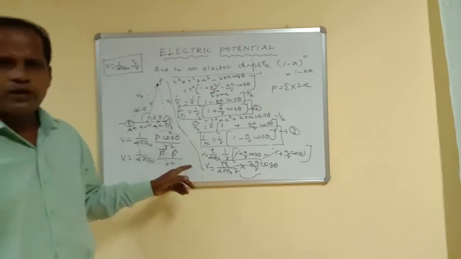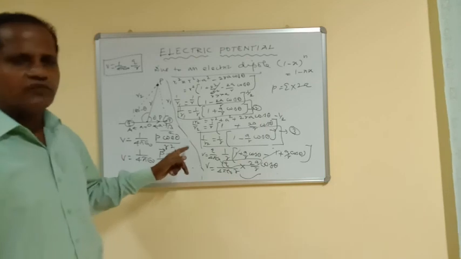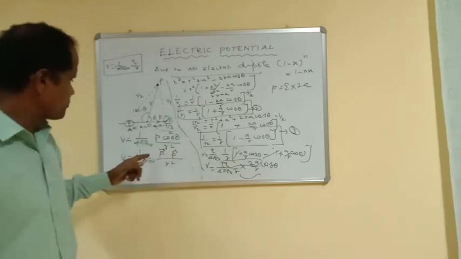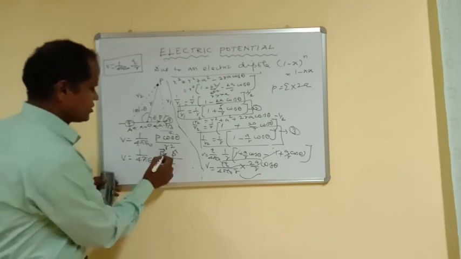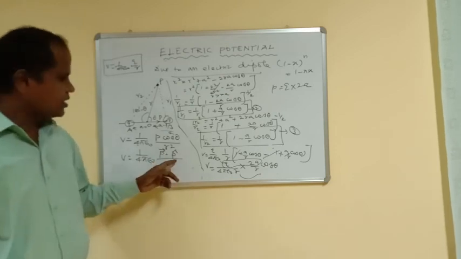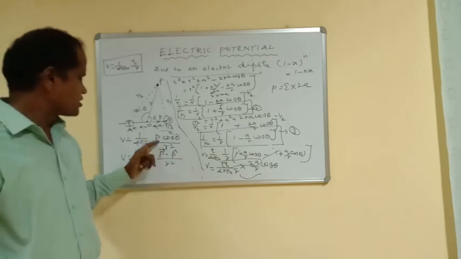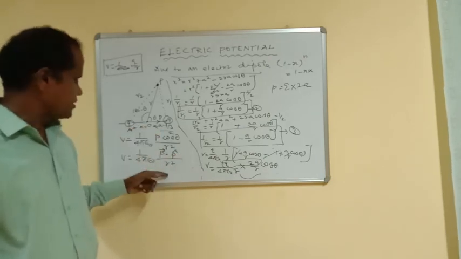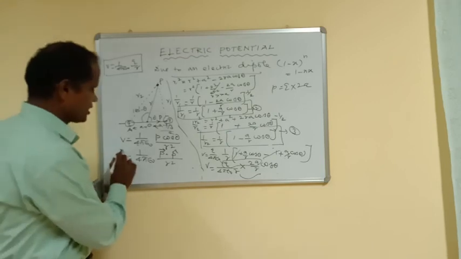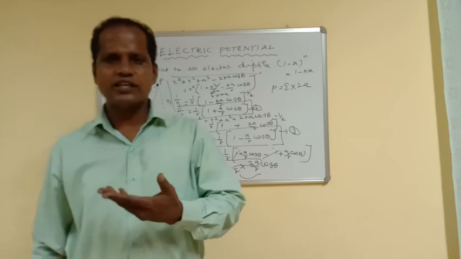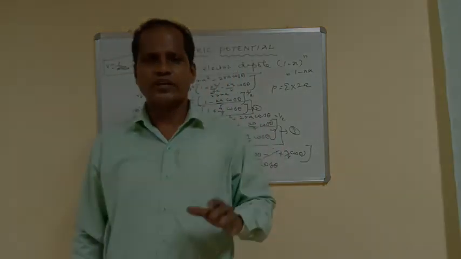What is P cap? P cap is the unit vector acting in the direction of the electric dipole moment. Vector A dot B is AB cos theta, so here theta becomes 0 and cos theta is 1, so we get the previous step. This is the vector form of electric potential. Even though electric potential is a scalar, we can write it in vector form also.